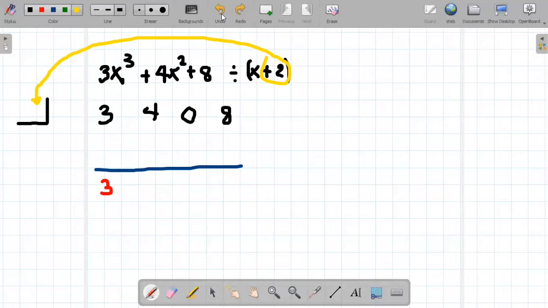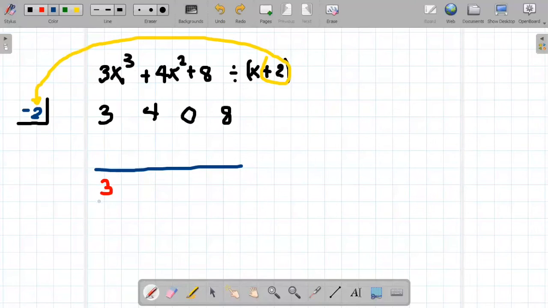So what we're going to write in this area is negative 2. It is really the opposite. So if it is x minus 2, you write positive 2 there. If negative here, positive there. If positive here, negative there. Okay? Opposite sign is written. So now that is complete.